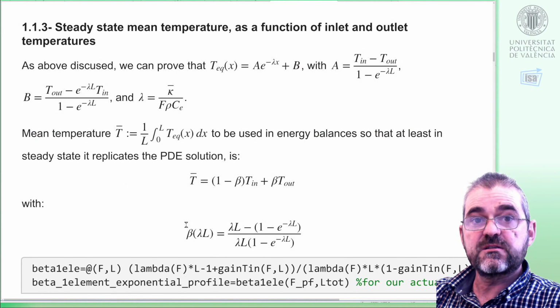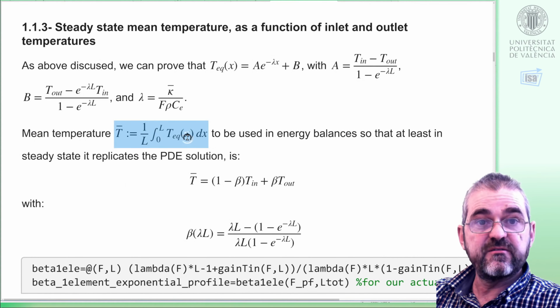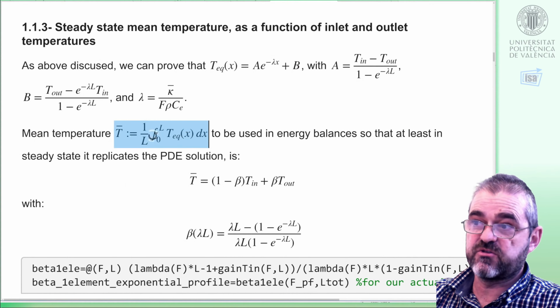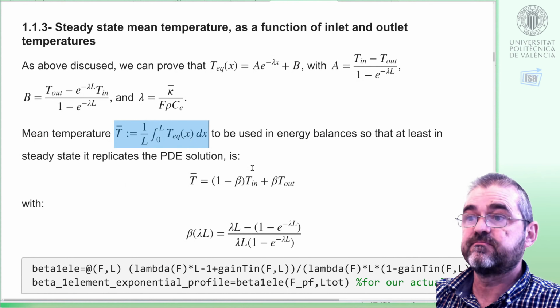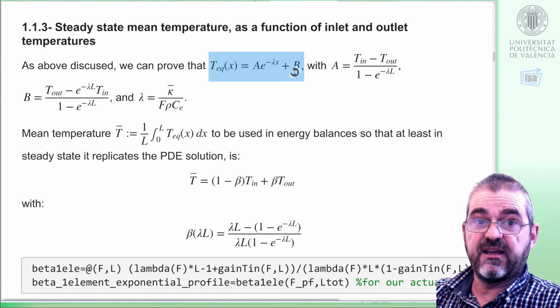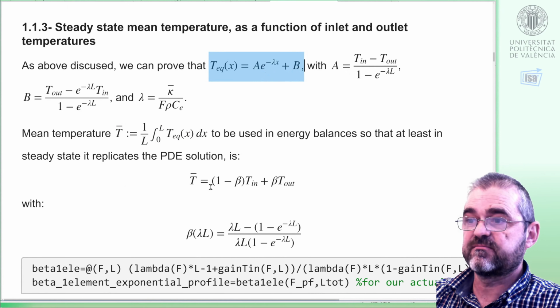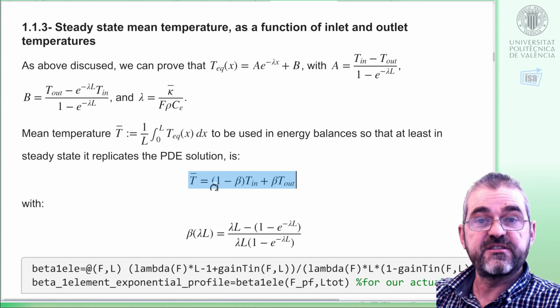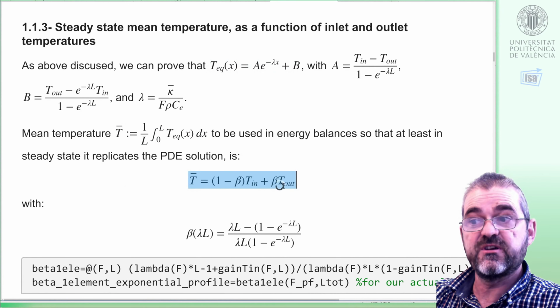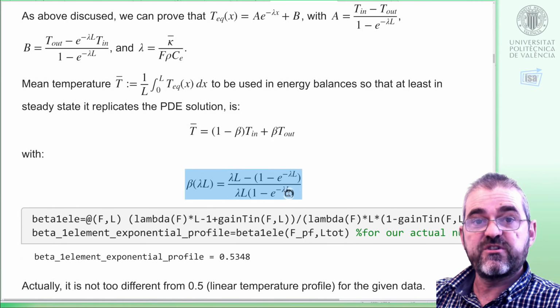Another issue we discussed in previous videos is that in order to derive first-order models, energy balances deal with the mean temperature, this kind of expression. And if our first-order models wish to correctly emulate the steady-state gains, we can compute this A and B and prove that the average temperature is this linear interpolation between inlet and outlet temperatures, in which the interpolation coefficient beta has this expression.